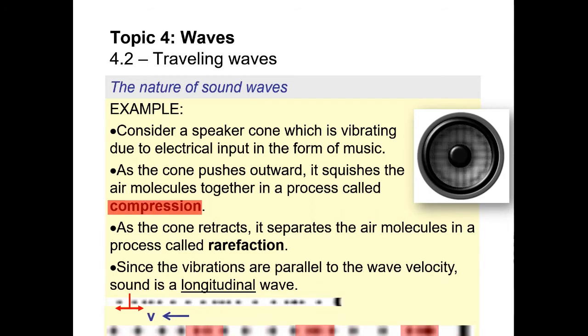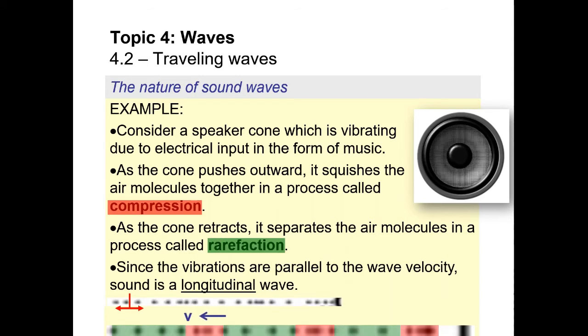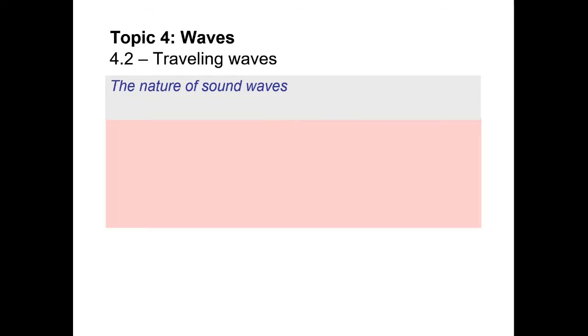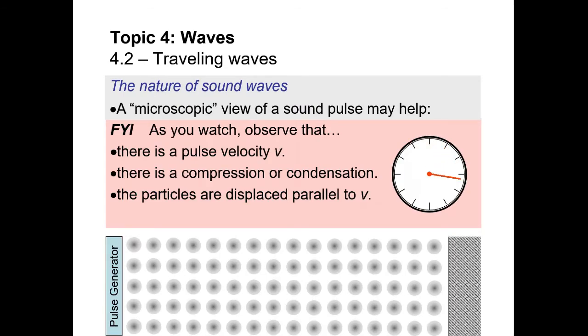A compression is a region where air molecules are closer and the pressure is higher. Rarefaction is a region where particles are far apart and pressure is lower. Let's take a look at a microscopic view of sound pulses.